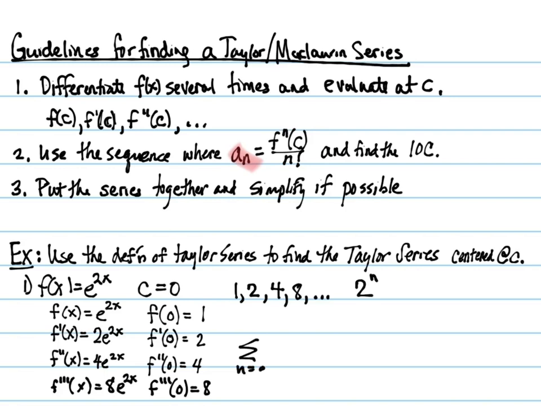So we've got the sum from n equals 0 to infinity of the first coefficient, 1, as a constant. The second coefficient is 2 times x minus c, but that's just x because our c value is 0. And it's divided by 1 factorial, but that's just 1, so this is just 2x. Everybody good with that? The next one is supposed to be 4.